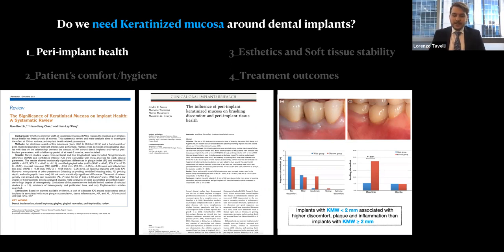And they demonstrated that the implants with less than 2 mm of keratinized mucosa showed an association with more discomfort during brushing, and clinically they also showed more plaque accumulation and inflammation compared to the implants with more than 2 millimeters of keratinized mucosa.